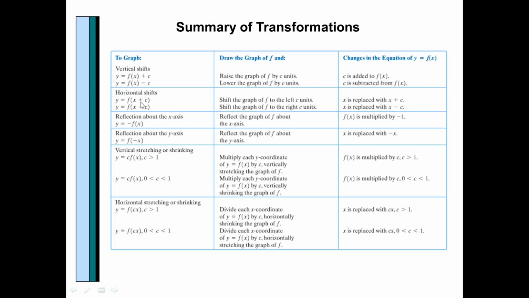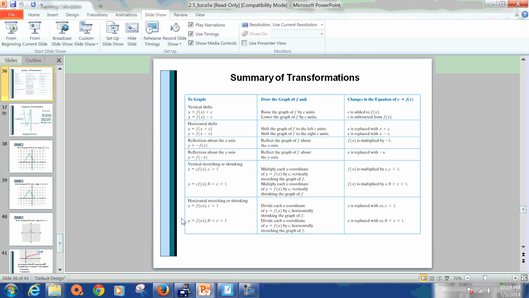This is inside, left and right, the opposite way. Reflection along the x or the y kind of depends on where you plug in that negative. Shrinking and stretching, this is all very mathematical. There's a lot of mathematical speak for saying you're going to multiply, and it kind of depends on the type of function that you're working with. So that is really all that there is to that section.